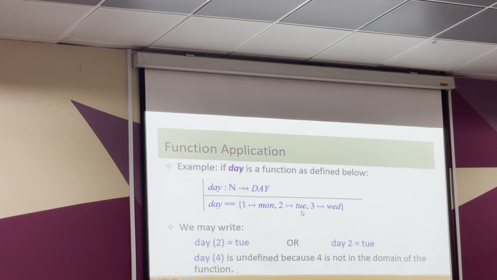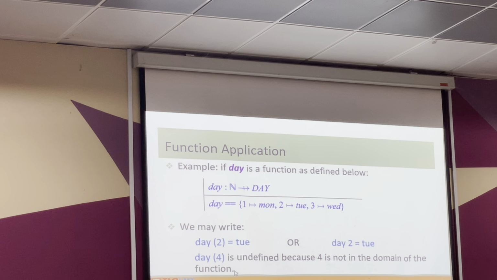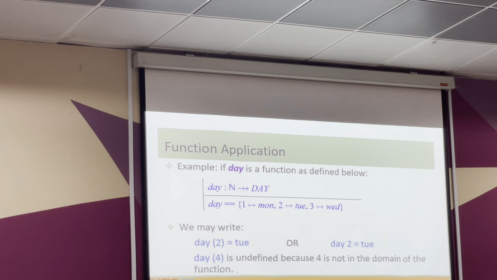This one means function application. And if you put day 4, the result will be undefined. So that's why, if you want to do something in your operation schema later, you need to do precondition checking first, so that you won't have an undefined answer on the result.